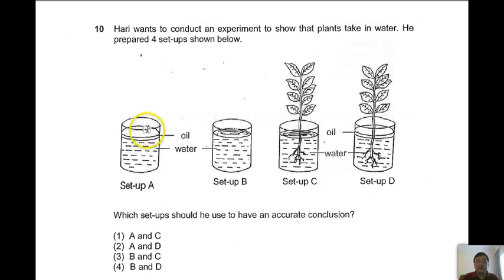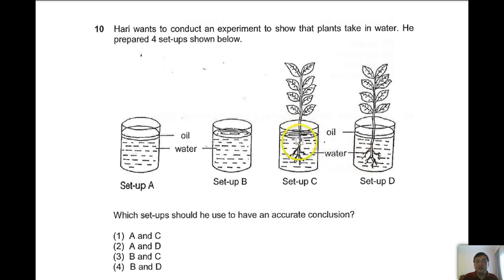Without the plant, with the plant. Now after a while, the plant will absorb water. The water level here will fall, and this one will not move at all. It shows that there's no plant, right? It doesn't go down at all, right? With a plant, it will go down. So setup A and D is correct.